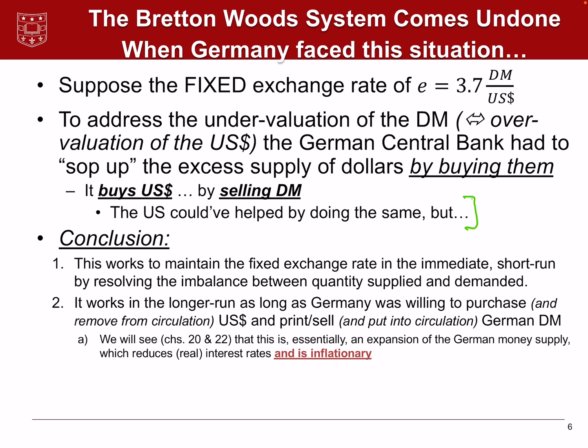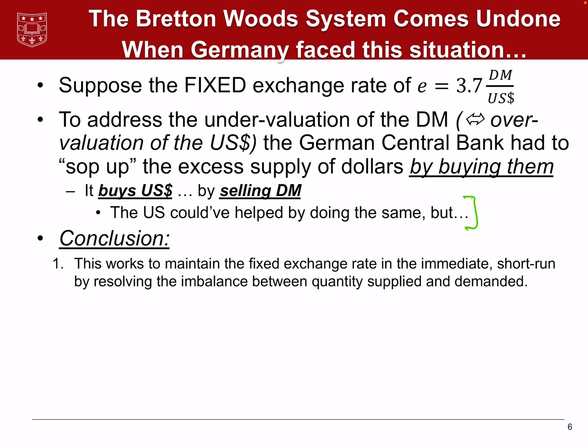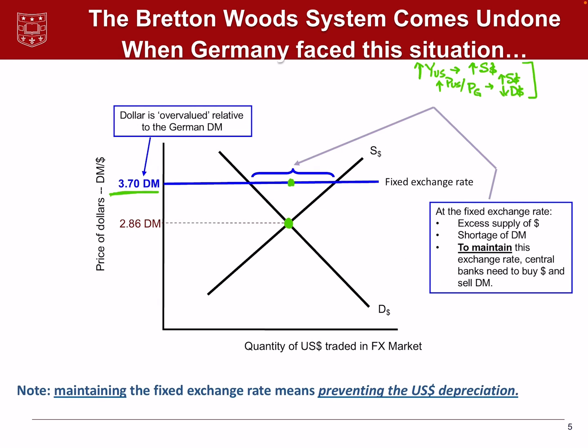So this foreign exchange market intervention works in the immediate short run because it resolves the imbalance between quantity supplied and quantity demanded. So again, I want to remind you of that in this picture. At this fixed exchange rate, this is the quantity supplied of dollars here, and this is the quantity demanded of dollars.